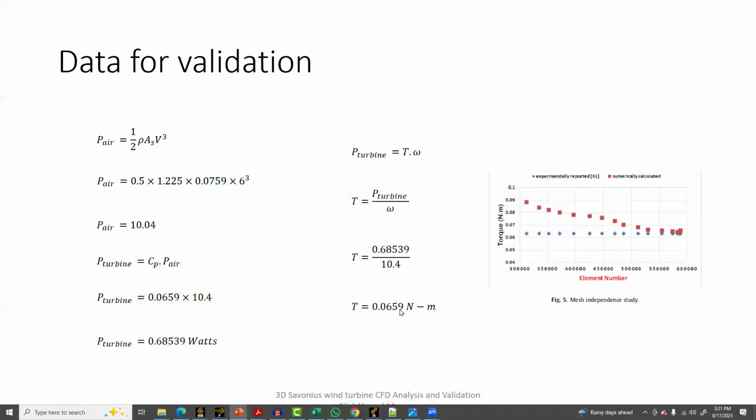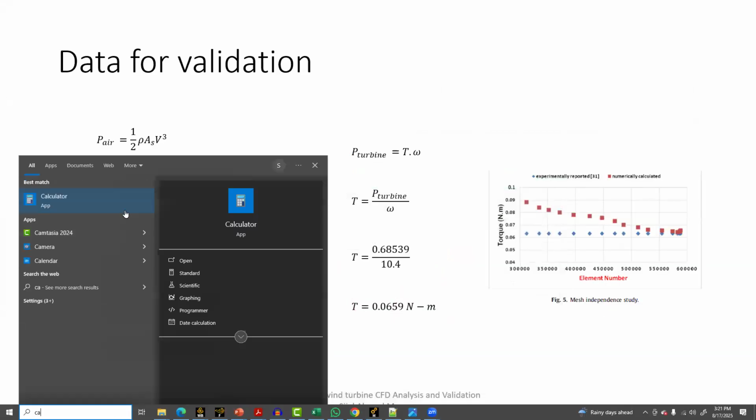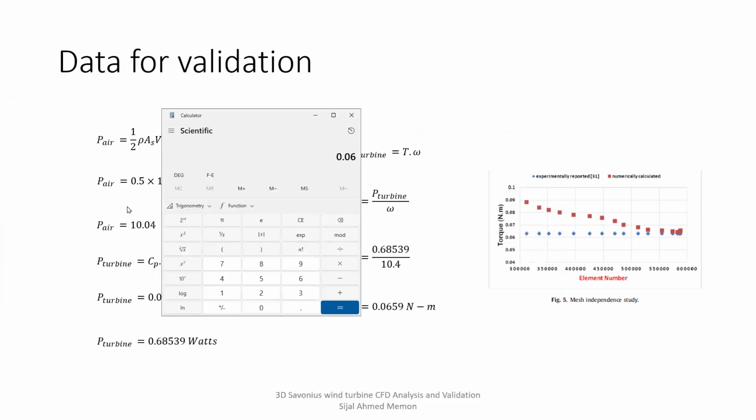So if I calculate the error, 0.0659 minus 0.067, divided by 0.0659, the error is around 1.66%, not significant.